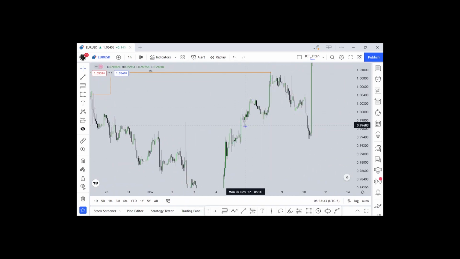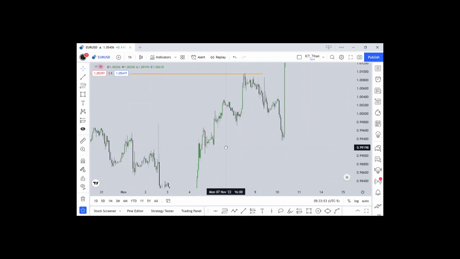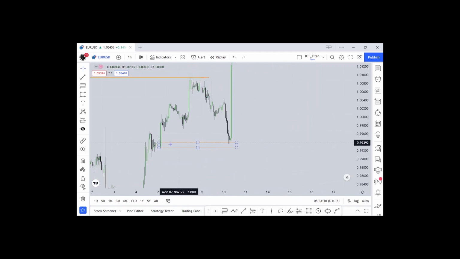The market goes and creates liquidity before rallying down. Trade into there. Let me highlight it. The bullish order block here. We're trading to this bullish order block, which creates sell side liquidity.